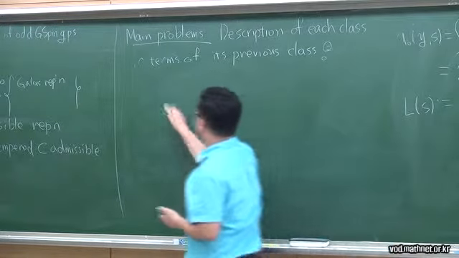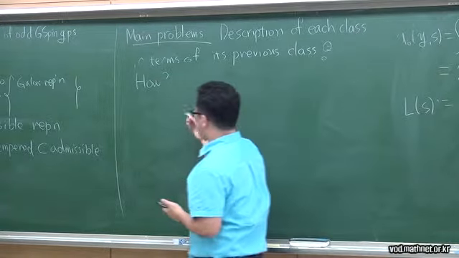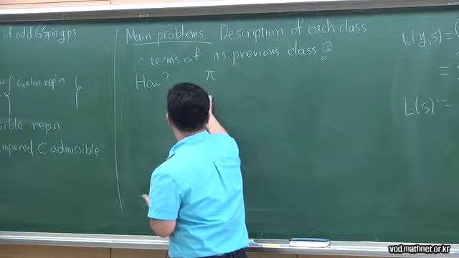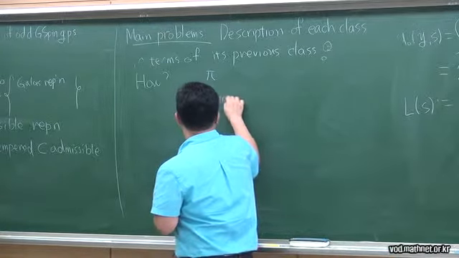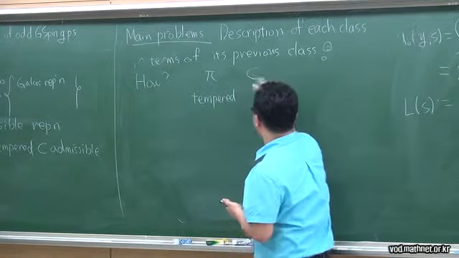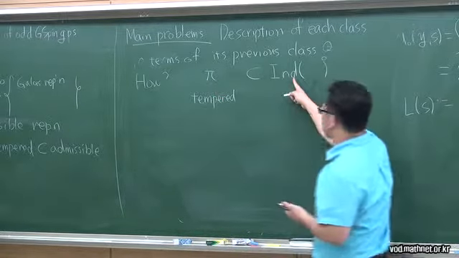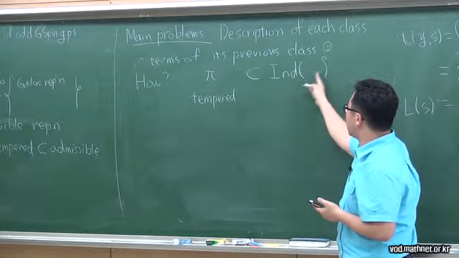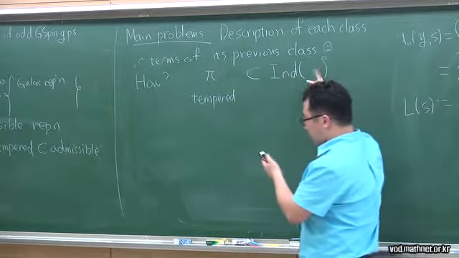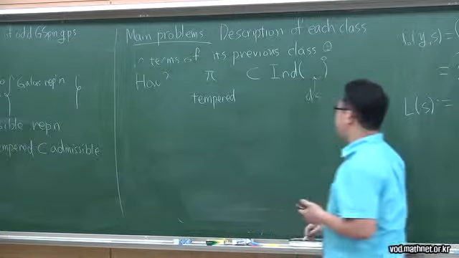For example, if you want to classify the tempered representations, so say we have tempered. We want to classify this one by embedding it into certain induced representations that I introduced before, where the inducing data is a representation of a so-called Levi subgroup, where the representation of the Levi subgroup is a discrete series representation.